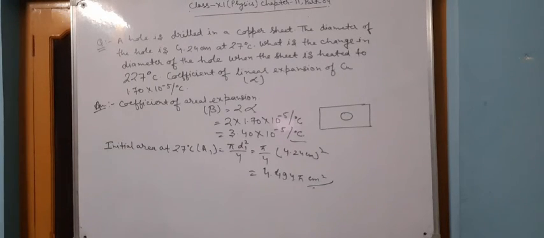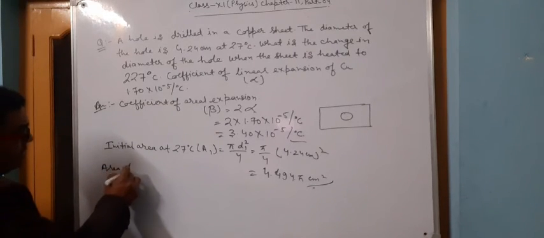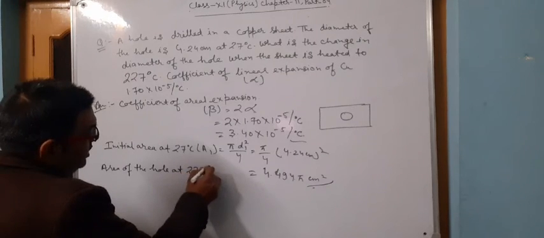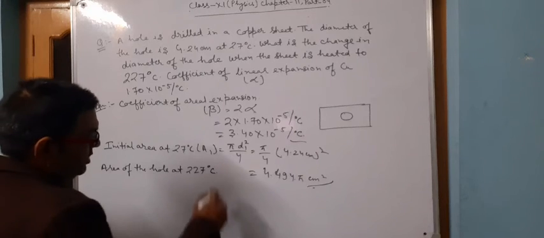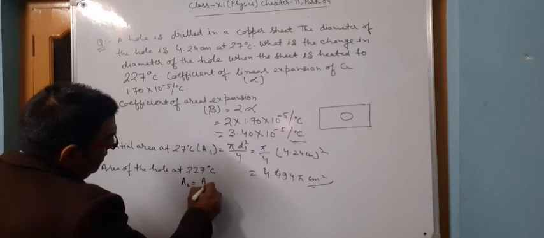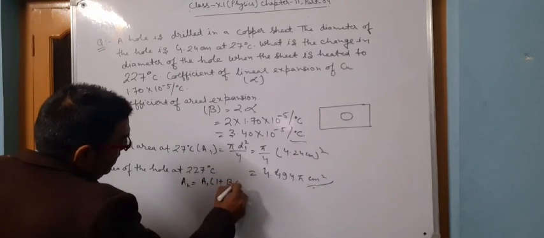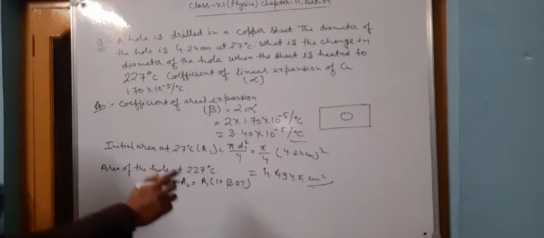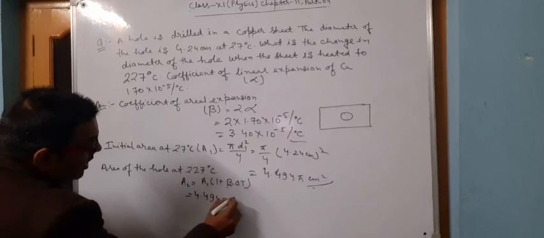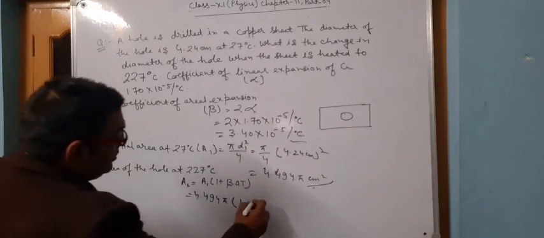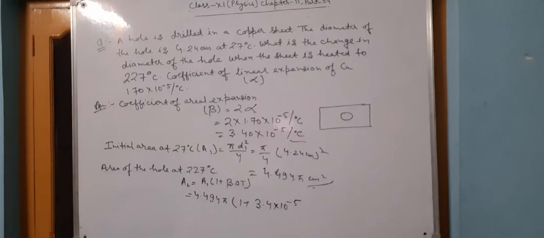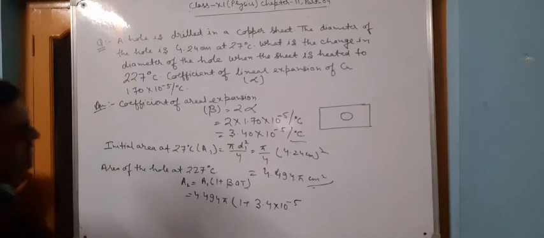Now the area of the hole at 227 degree Celsius is called A2, and this is equal to A1 into 1 plus beta delta T. A1 we got as 4.494 pi, 1 plus beta 3.4 into 10 to the power minus 5, and the change in temperature delta T is 227 minus 27, that is 200.